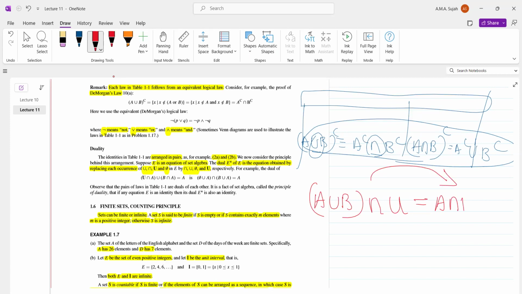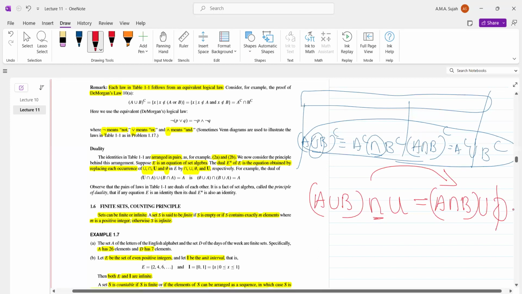A intersection B. Here, the intersection we can replace with union, and the universal set with the empty set. So now tell me, what is the answer for this area, A union B and intersection of union? It is equal to, tell me.